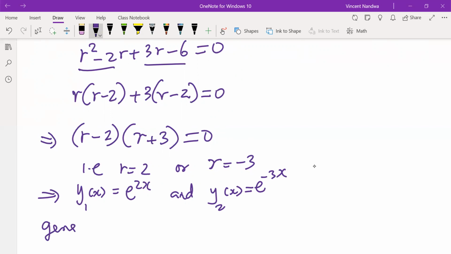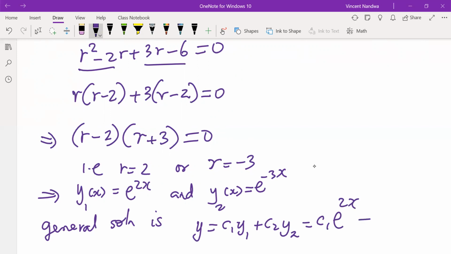So the general solution is y equals c1 times y1 plus c2 times y2, which is c1 e raised to power 2x plus c2 e raised to power minus 3x.